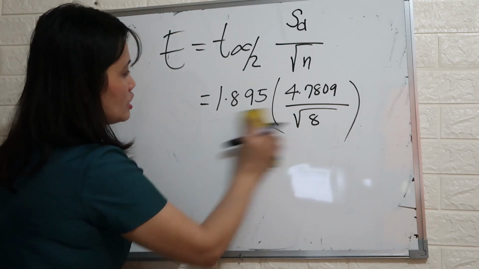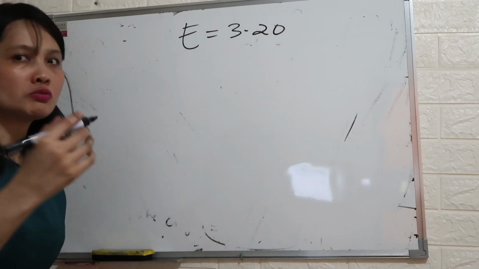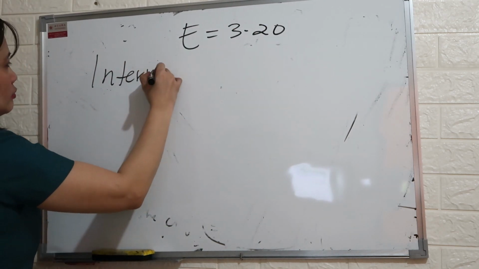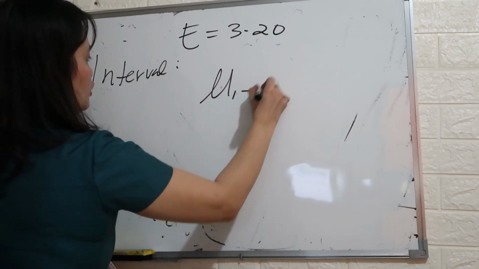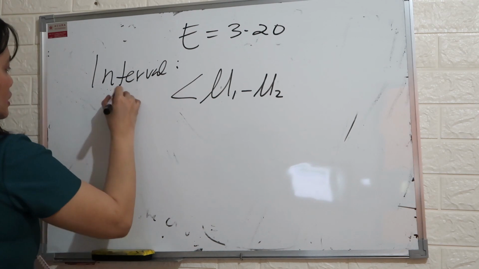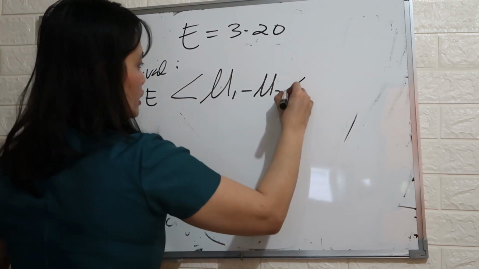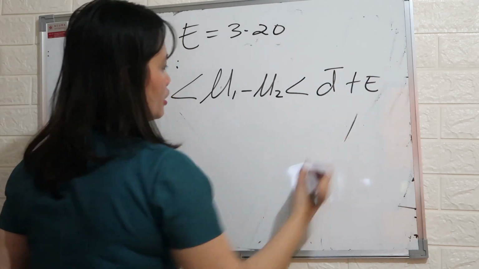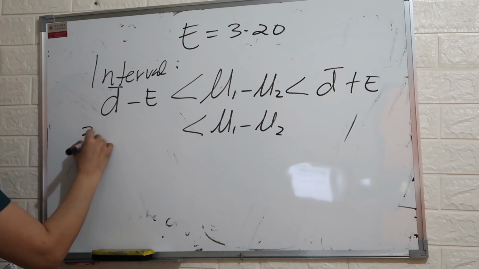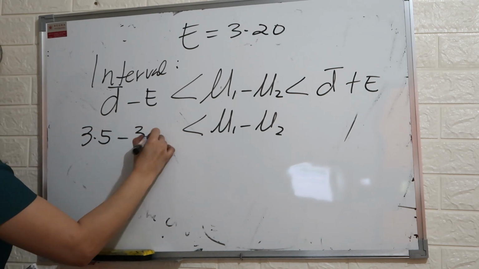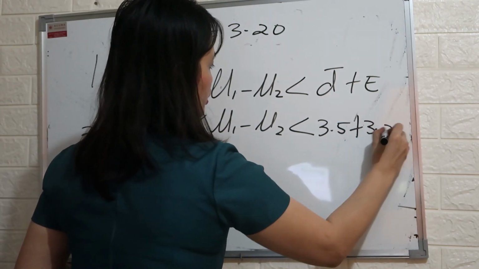Now, to determine the interval, mu1 minus mu2 is greater than the mean difference minus the margin of error, but less than the mean difference plus the margin of error. The mean difference is 3.5, so 3.5 minus 3.20, and less than 3.5 plus 3.20.